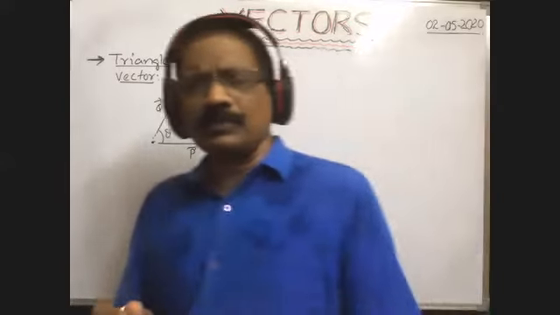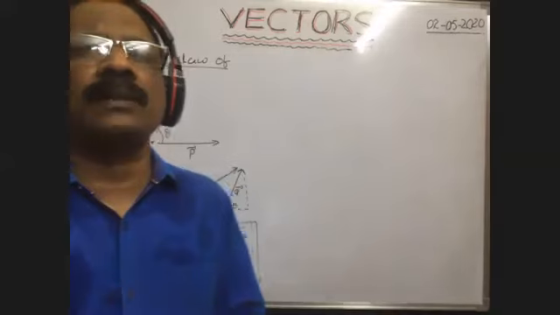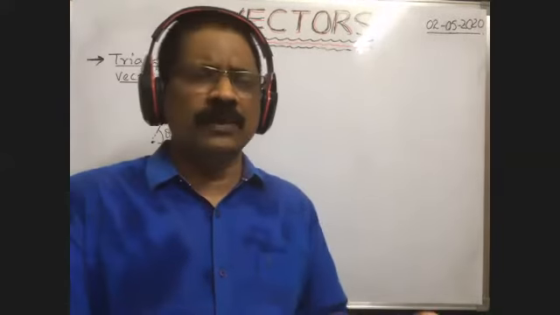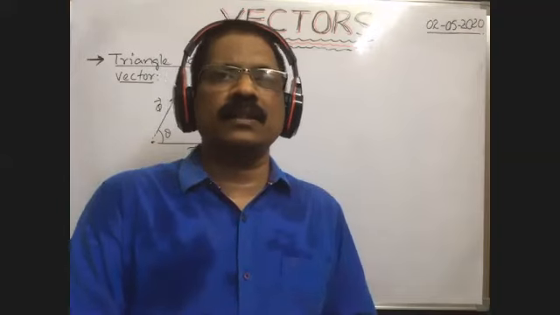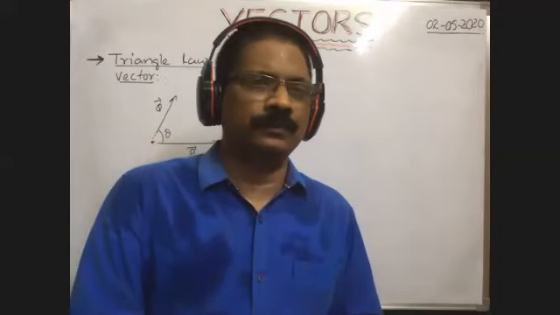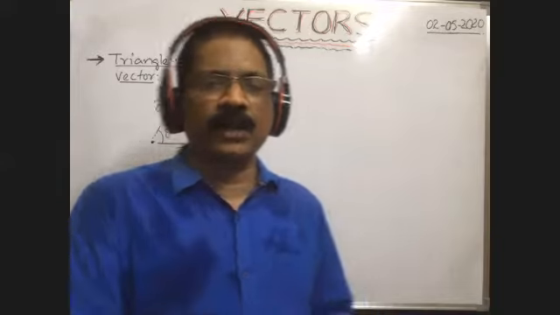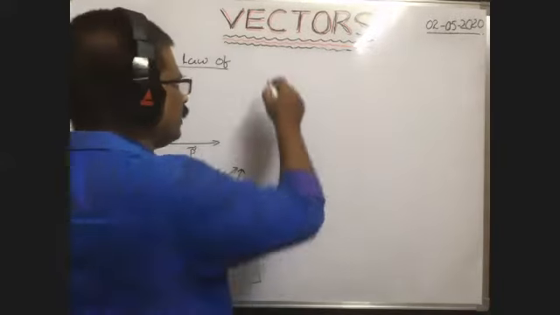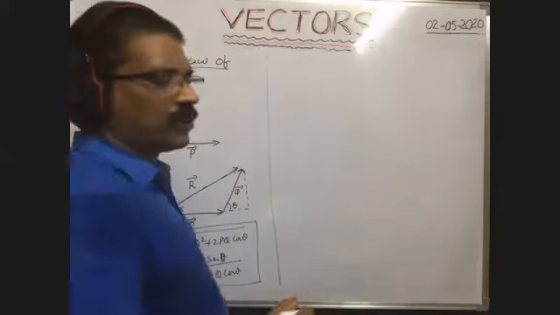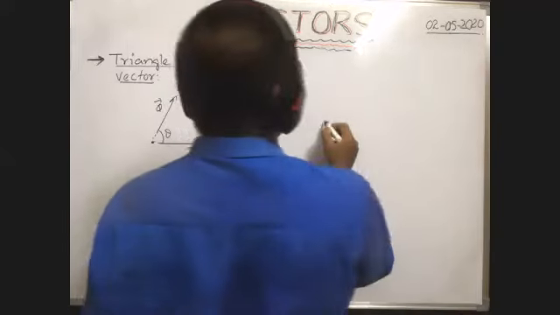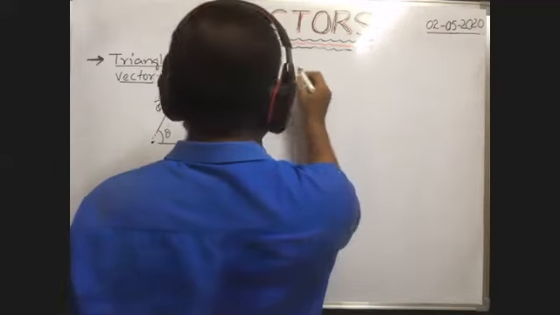Suppose three vectors act on a particle simultaneously, that means say three forces act on a particle simultaneously and keep the particle in equilibrium. In such a case, how can we apply the triangle law of vectors? Suppose one more example.